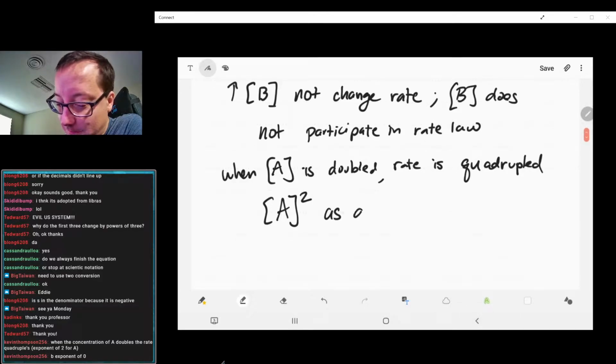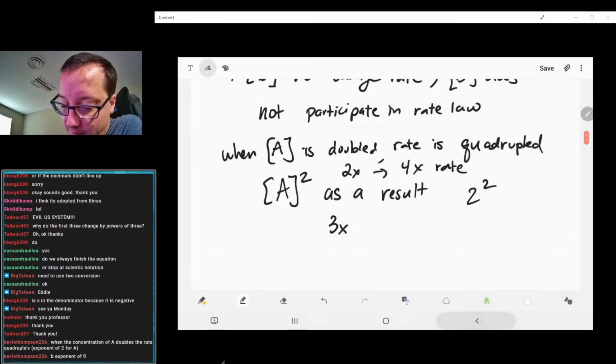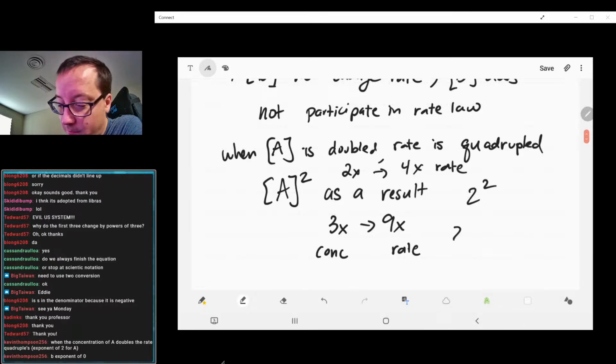So we're just looking at 2x becoming 4x for the rate, that's 2 squared. If we had 3x leading to 9 times for the rate, we would also see that that's 3 squared, right? So it would be the same thing.